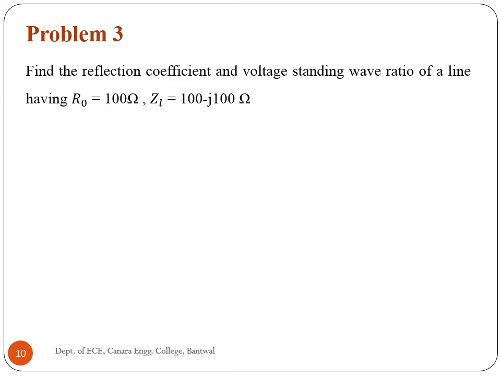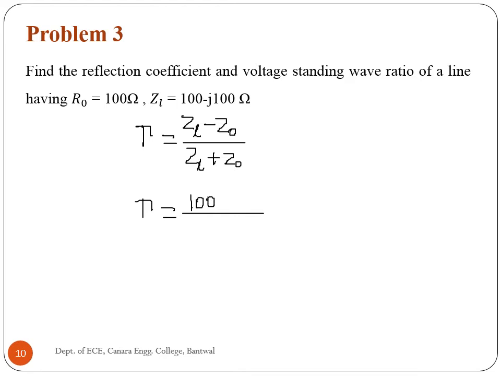Reflection coefficient is equal to ZL minus Z0 divided by ZL plus Z0. Given R0 is equal to 100 ohm, which is equal to Z0. Therefore, for the reflection coefficient, substitute the ZL and R0 values.